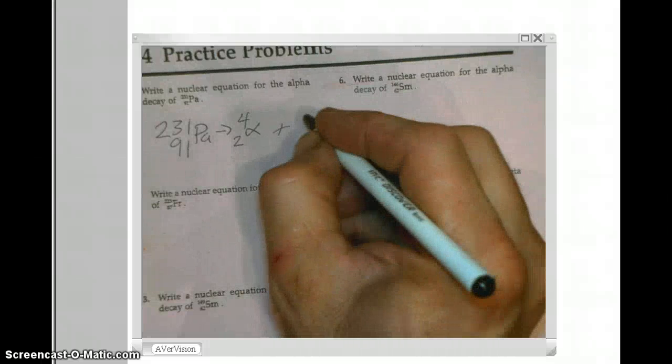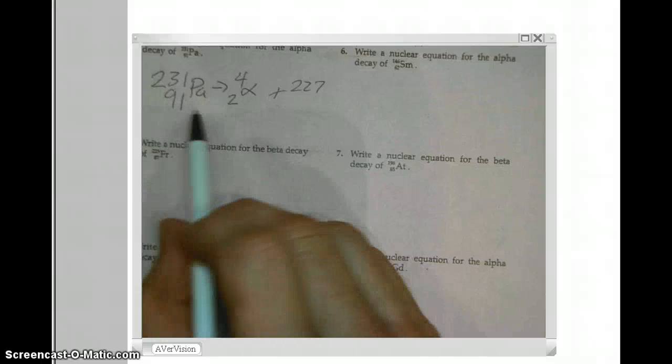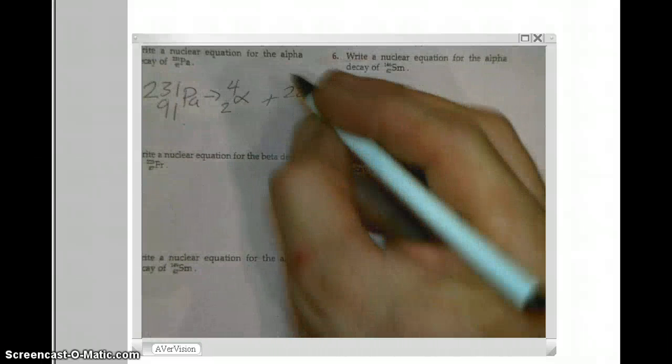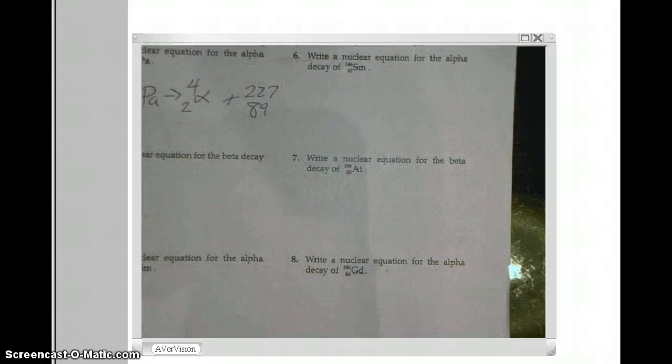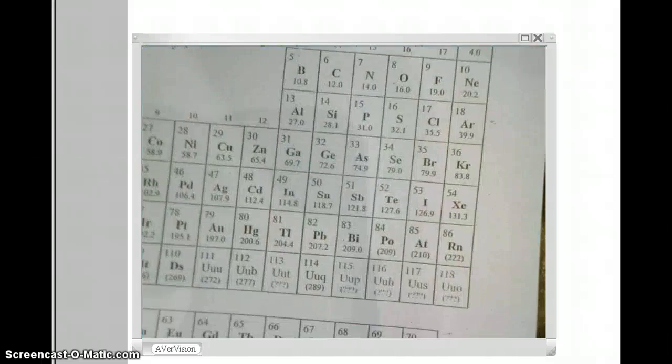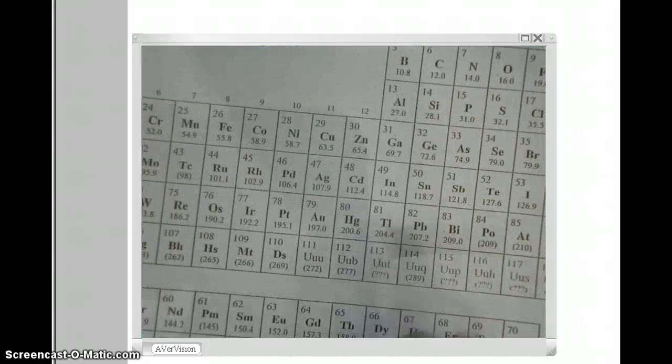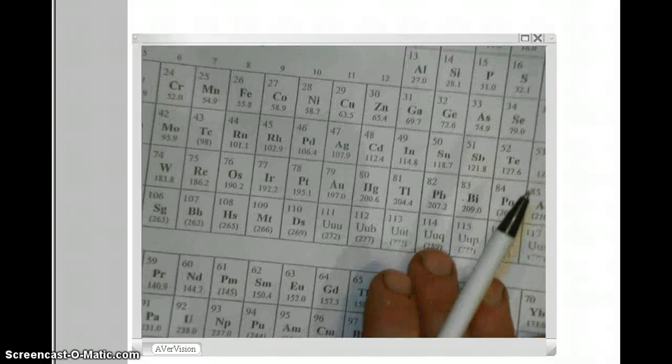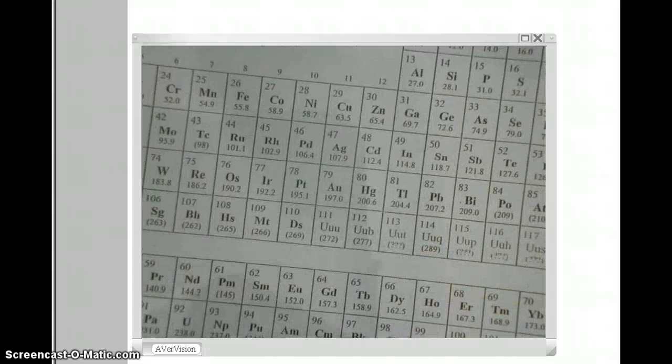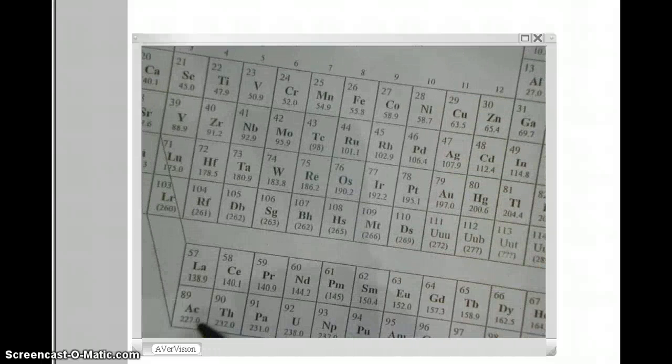That's right, 227. Very good. What is 91 minus 2? 89. Now, what do we know about this element? If you look on the periodic table, element 89 is going to be in your bottom right hand corner, actinium, Ac.